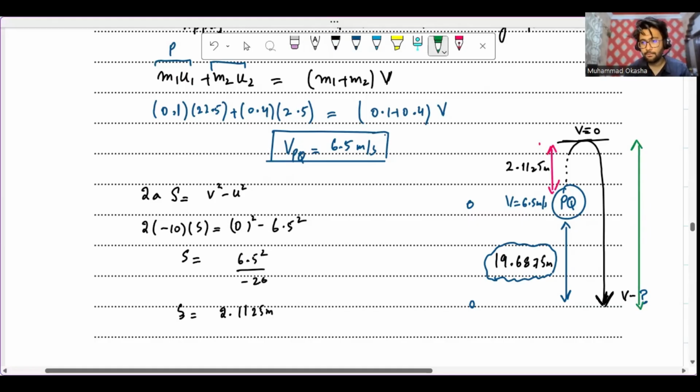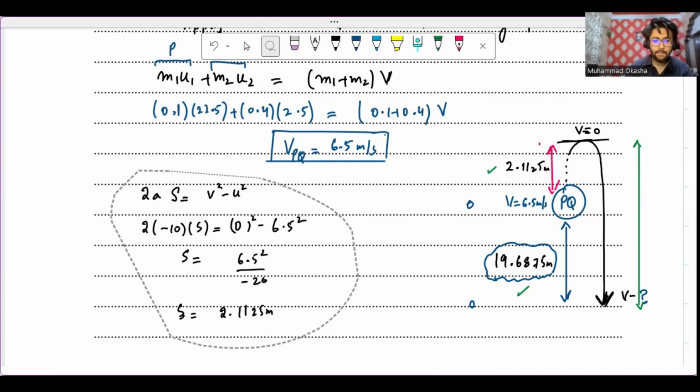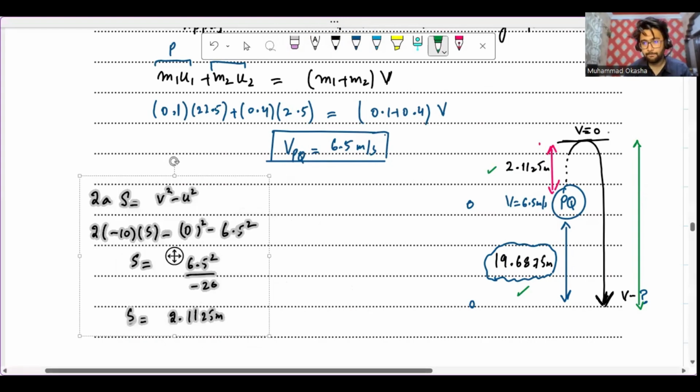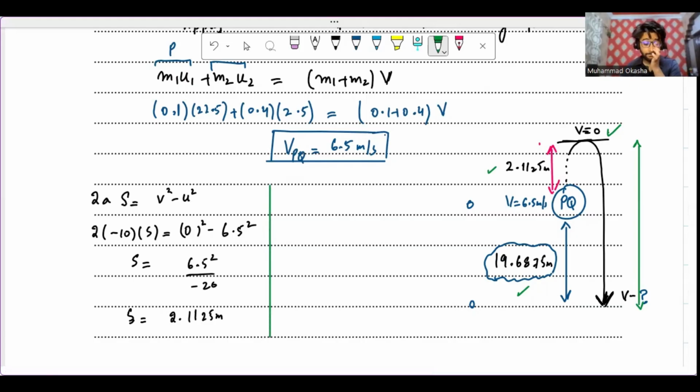What is the total distance from the top? I'll add both of these numbers, which is 19.6875 plus 2.1125. I'll use this distance and I will use the initial velocity as 0, right? So it started from 0. What will be the final velocity as it hits the ground?